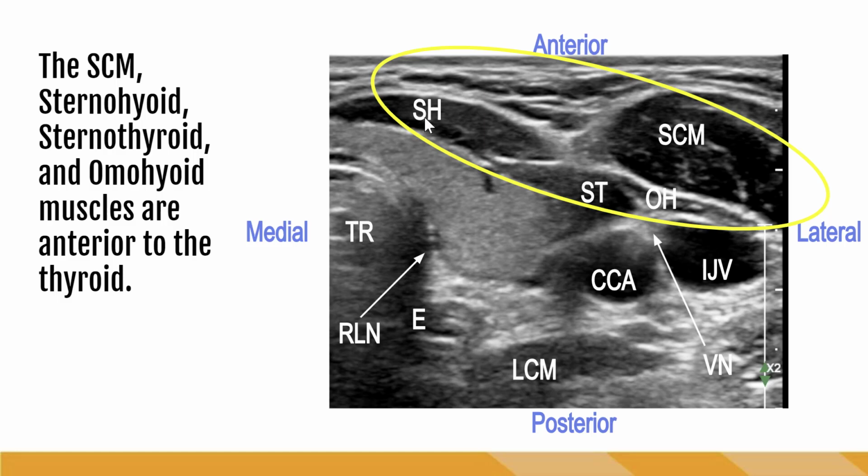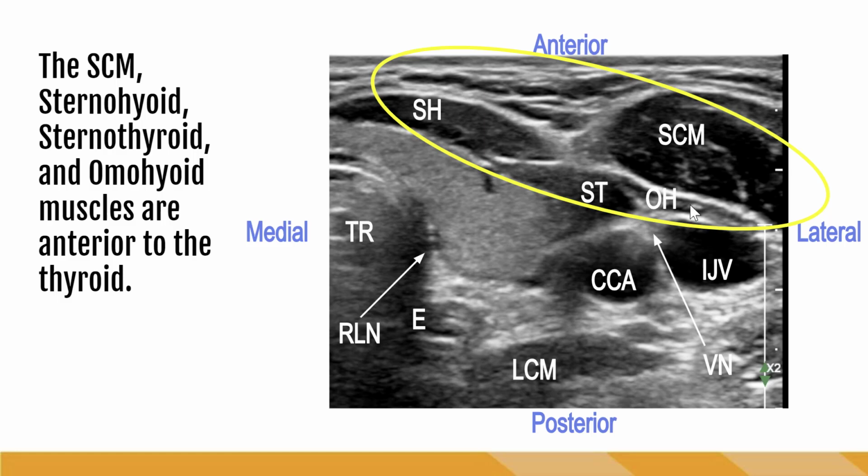The strap muscles again are the sternohyoid. I remember that the hyoid bone is above the thyroid, so the sternohyoid muscle is the highest muscle out of the group. Then it's the sternothyroid muscle. And again, I remember that the thyroid sits in front of the thyroid cartilage, so that's the next one down.